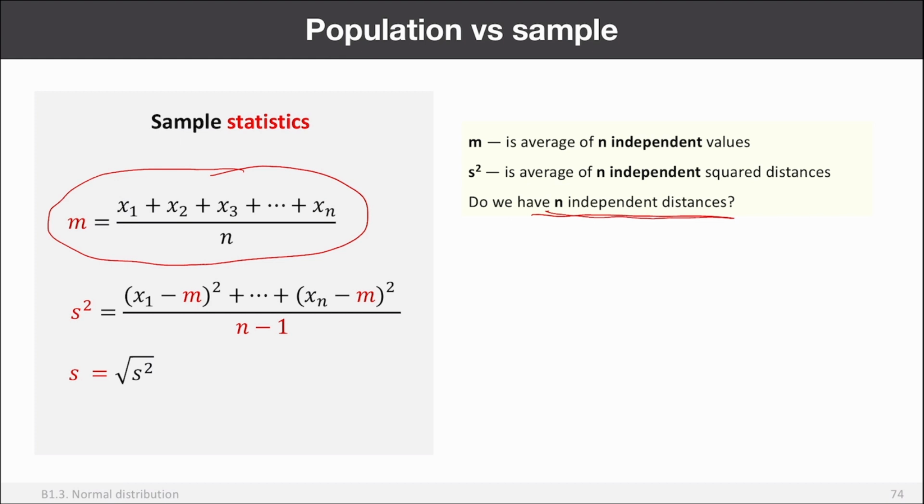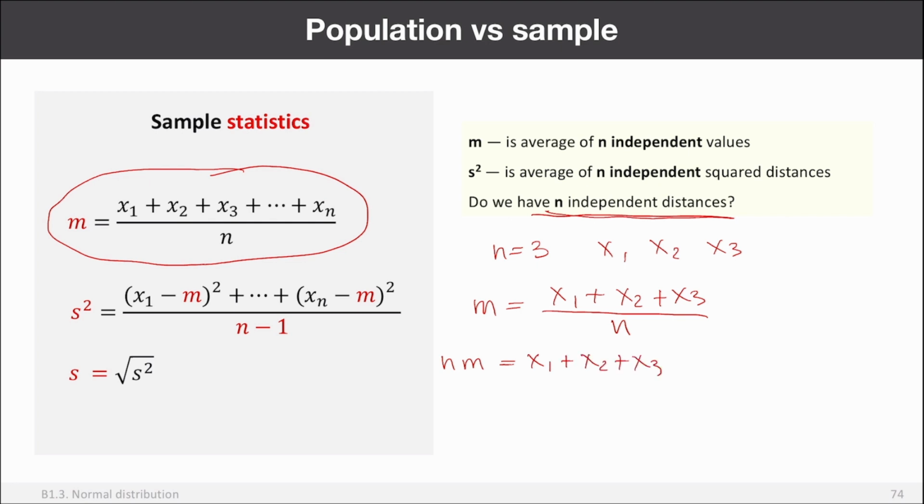And let me show you why. Imagine that you have 3 values. So the sample size is 3. You have x1, you have x2, you have x3. It doesn't matter which values you have, just 3 values. Then you compute m as follows: x1 plus x2 plus x3 divided by n, right? Or you can also write it like this: n times m is x1 plus x2 plus x3.